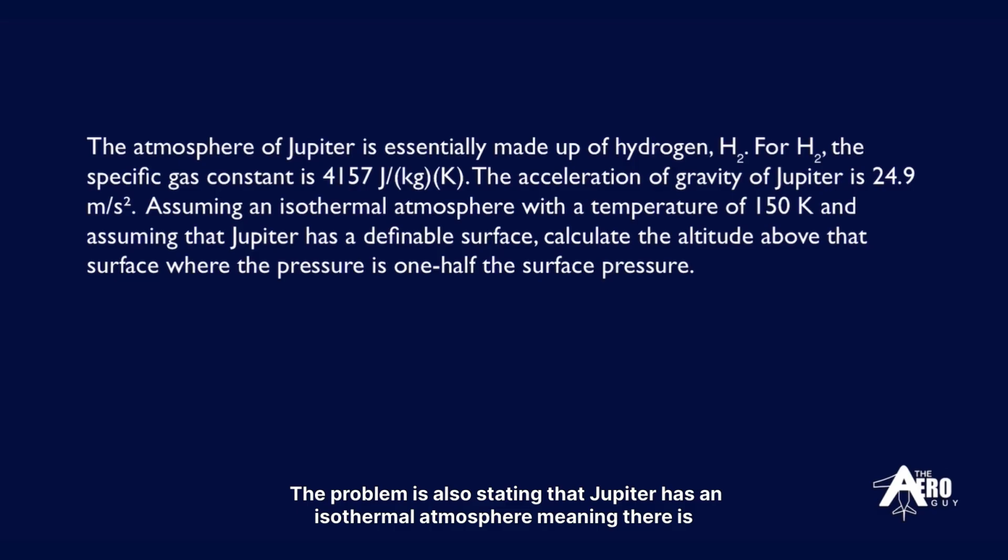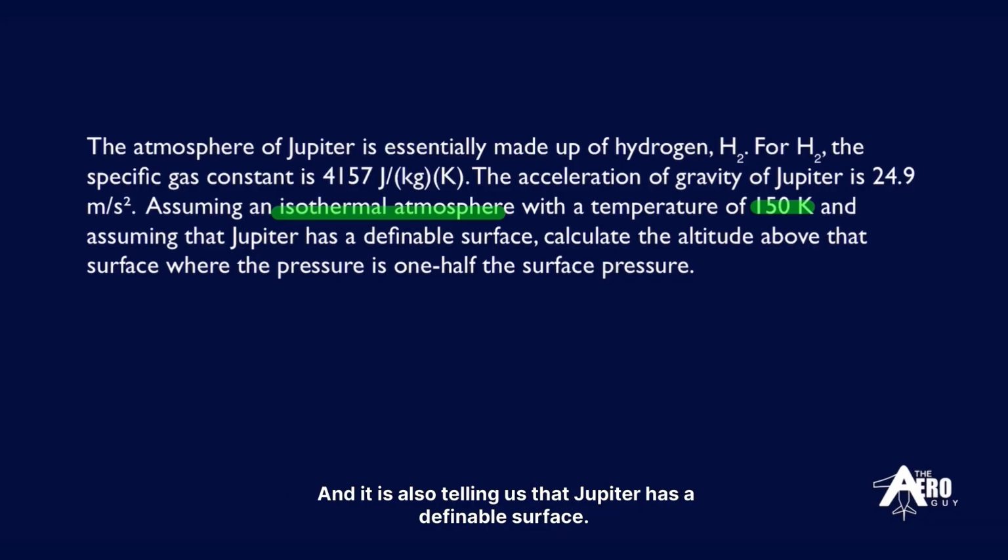And the problem is also stating that Jupiter has an isothermal atmosphere, meaning there is no change in temperature from the lower altitude to a higher altitude. Let me highlight that part. Isothermal atmosphere with a constant temperature of 150 Kelvin. And it's also telling us that Jupiter has a definable surface.